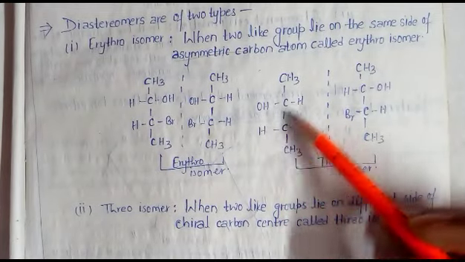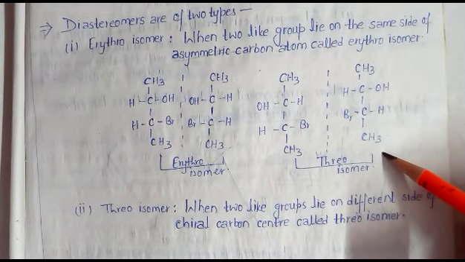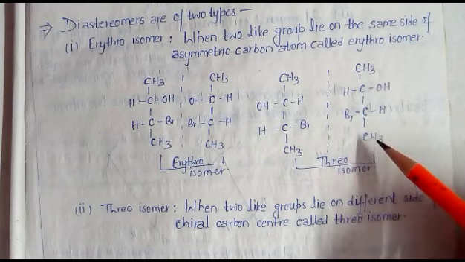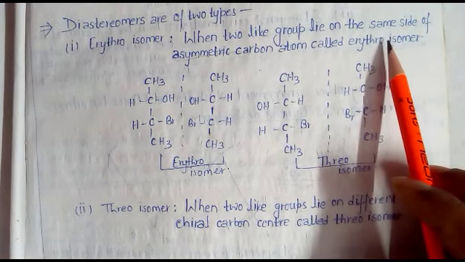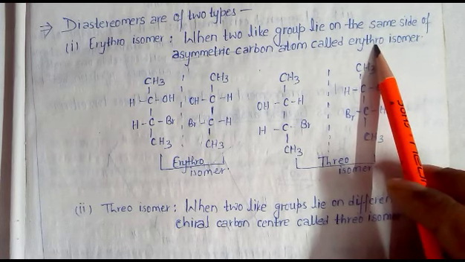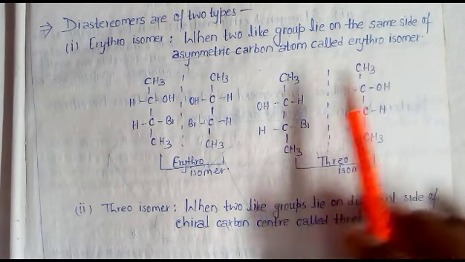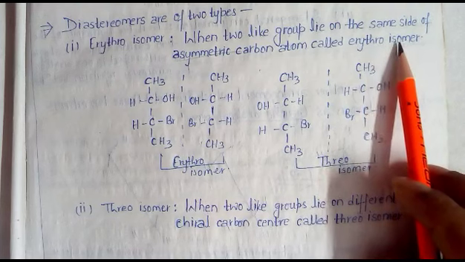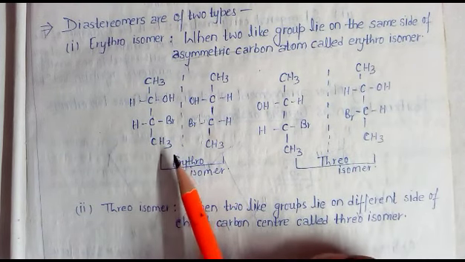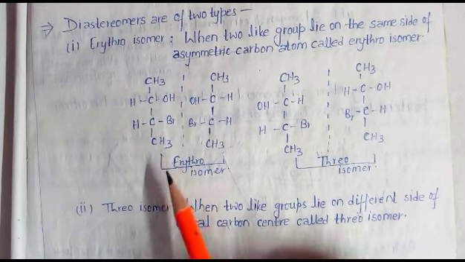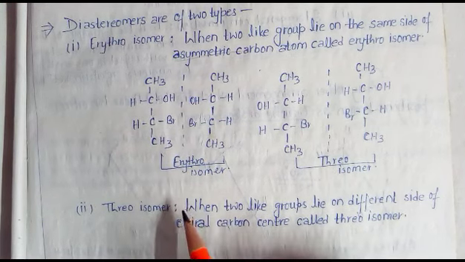In this case, like groups lie on opposite sides or different sides, and this is called threo isomers. Don't confuse with cis or trans. Cis or trans always arises in double-bonded or planar molecules, but erythro or threo diastereomers arise in non-planar or saturated molecules.